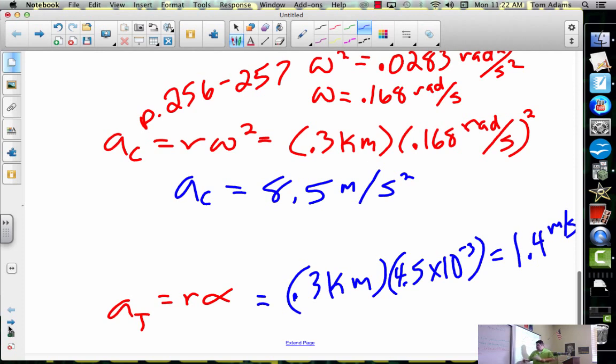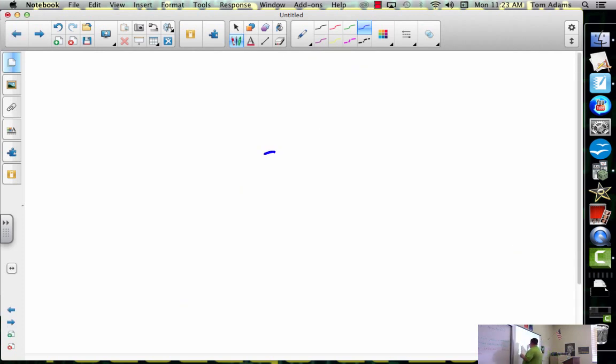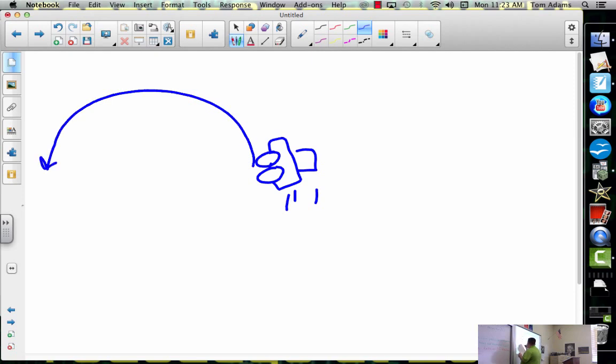Now what that means is I've got this car. This is my car. And it's going to go on a circular path. Now in order to go on the circular path, it's going to have a centripetal acceleration that has a magnitude of 8.5 meters per second squared.